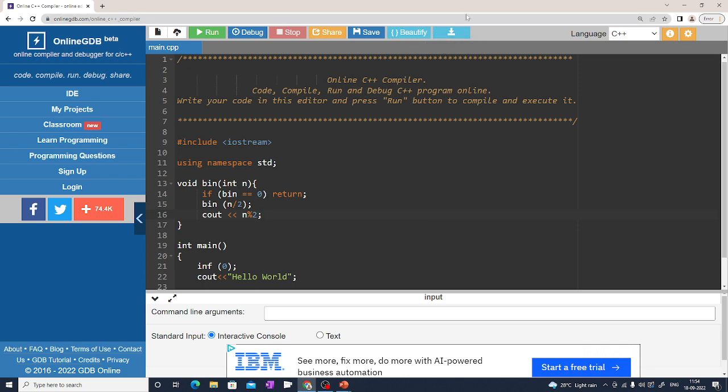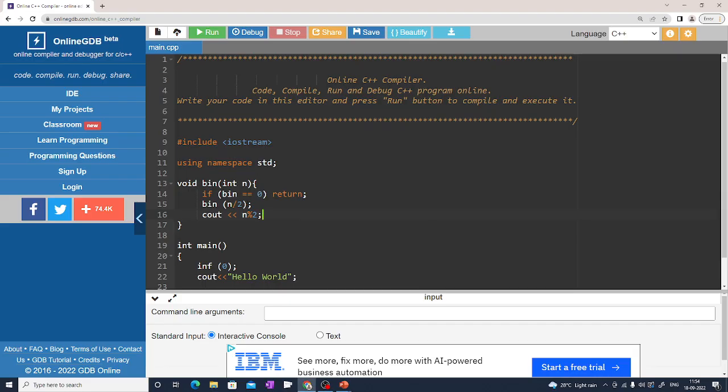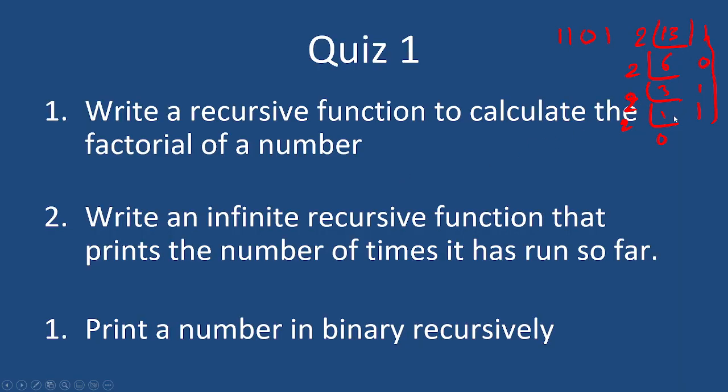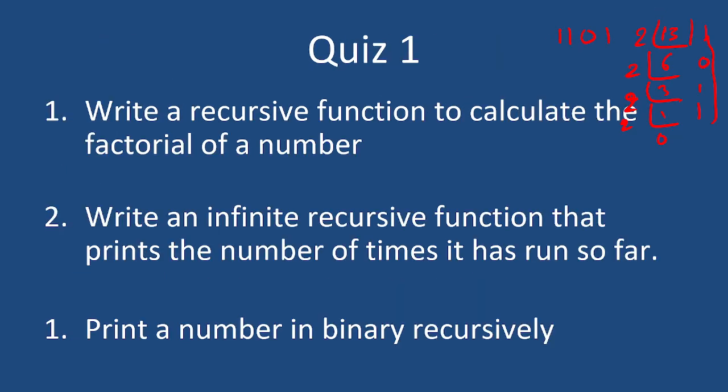This is what happens. So n will first go to 13, will go to 6, 6 will go to 3, 3 will go to 1, it will go to 0, 0 will return. Then 1 will be printed because the remainder of 1 by 2 is 1, then it will go back up. You see 3, 3's remainder by 2 is also 1, 1 is printed, and so on. Understood, right?